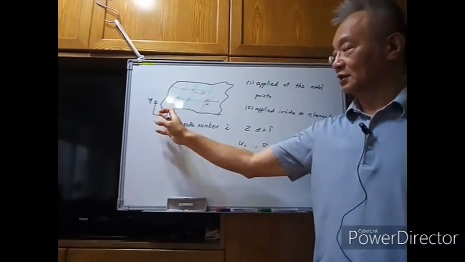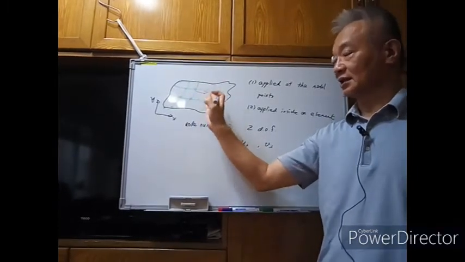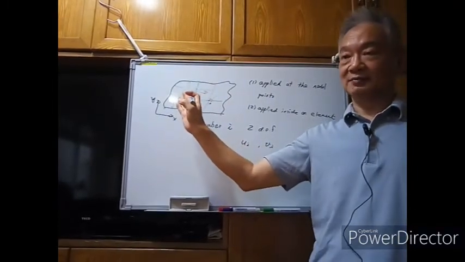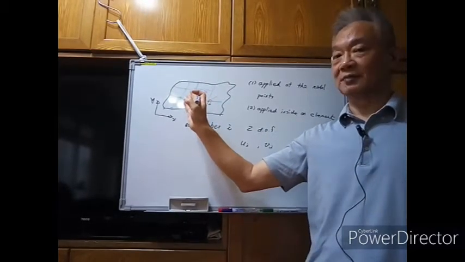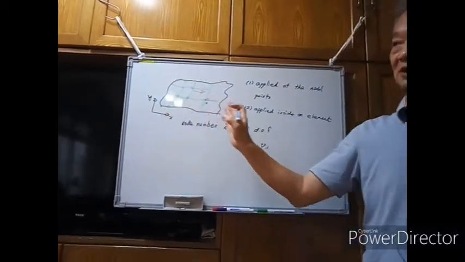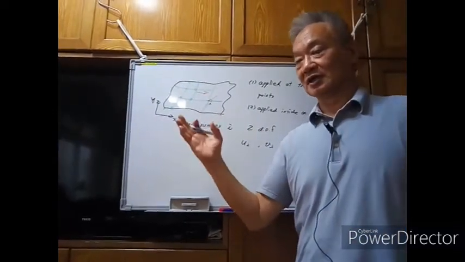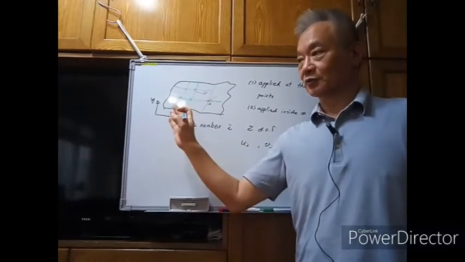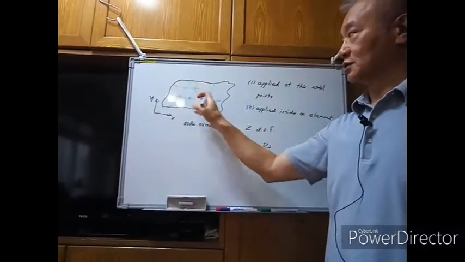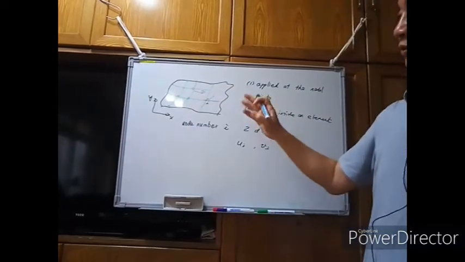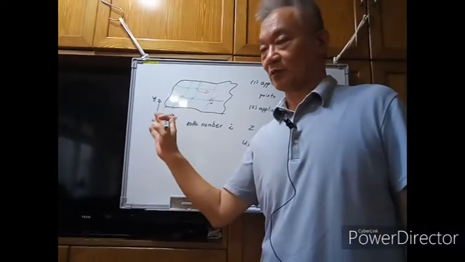So for the coordinates and how we cut the elements, or you can say it is the mesh of the problem. The mesh of the problem includes how we cut the elements, how we assign the locations of the nodal points, and all these are included in the mesh of the problem.